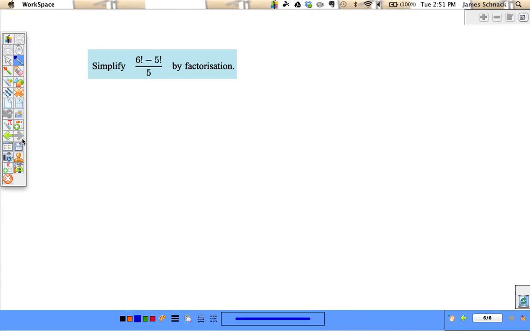So let's simplify this. 6 factorial minus 5 factorial divided by 5. All right. Well, I see a bunch of 5s, so maybe I can do something with this 6 factorial. That's 6 times 5 factorial, isn't it? And it's saying I want to factor, which means I need something in common to both of these terms, and I've now gotten that.